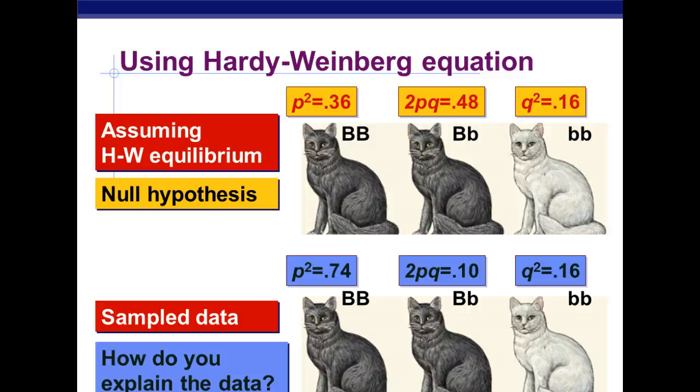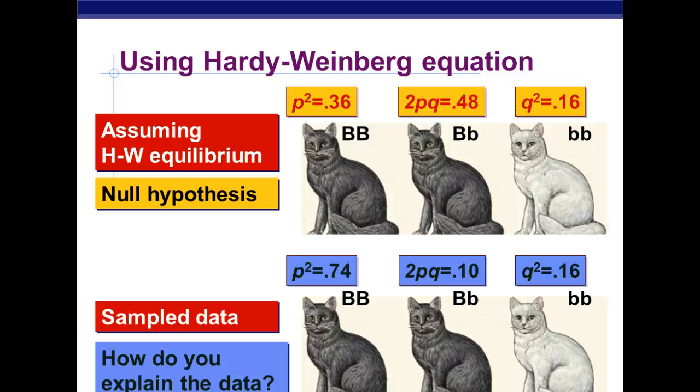Some one thing or combination of those 5 things is changing in order to make these frequencies change. So our job is to hypothesize what might happen to change the frequencies. So you got to ask yourself, which of the 5 characteristics of a population in Hardy-Weinberg equilibrium could be responsible for this? Any ideas? Think about it.